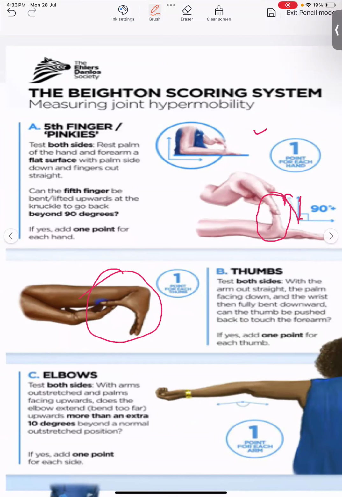Hypermobility is if the little finger can be extended beyond 90 degrees. Can the fifth finger be bent or lifted upwards at the knuckle to go back beyond 90 degrees? If it can go beyond 90 degrees, this is a case of hypermobility. If yes, add 1 point for each hand, 1 for the right hand, 1 for the left hand.